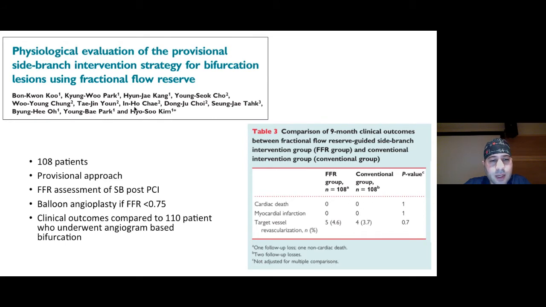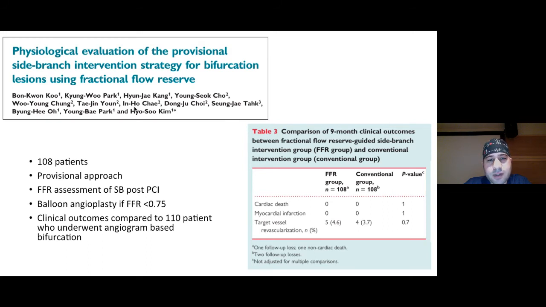FFR assessment was done of side branches post PCI, and if you had a result less than 0.75, then balloon angioplasty was performed. They compared their outcome to 110 patients who underwent angiogram-guided bifurcation strategy, and they showed similar results in terms of MACE and MI.